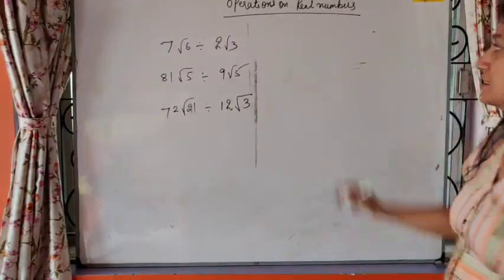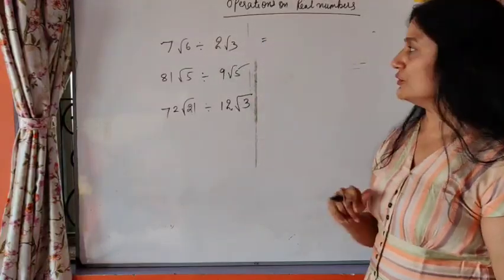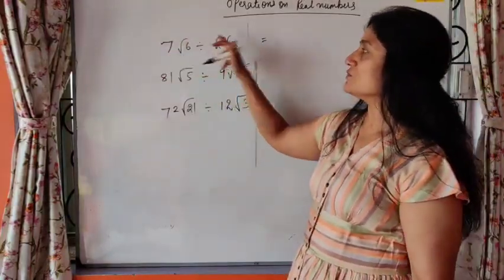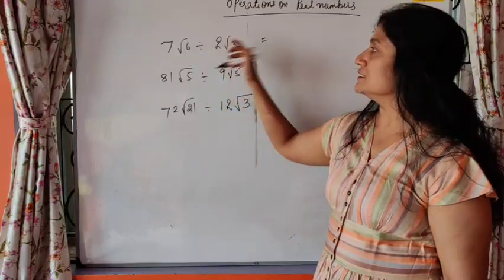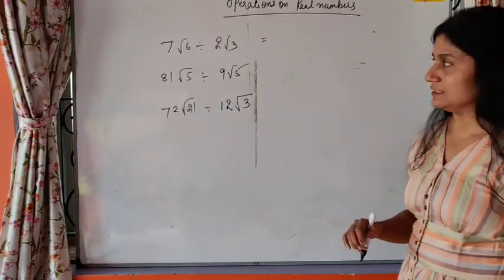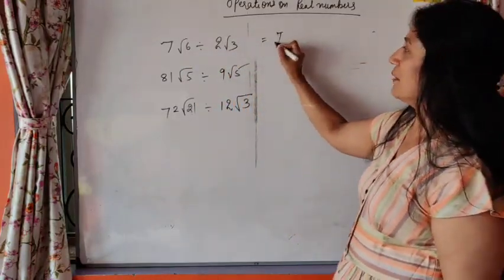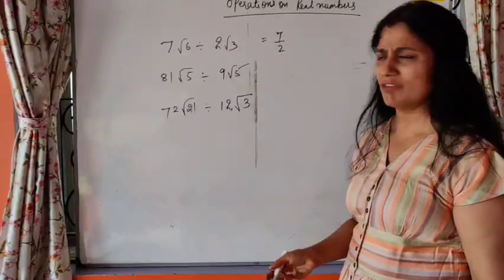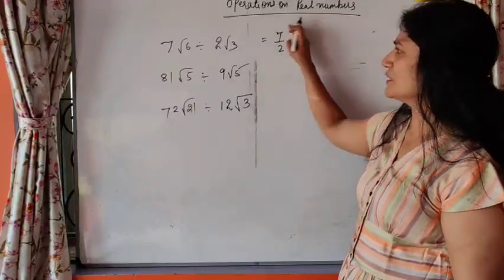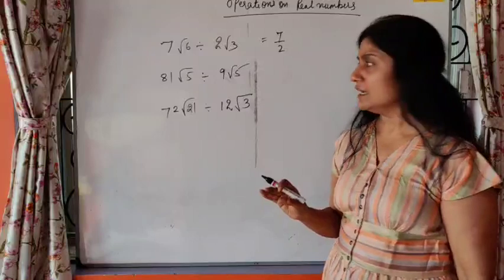What will be the answer? See, as I told you in multiplication, numbers will be divided by numbers and the surds will be divided by surds. So 7 by 2, need not convert into decimals. You can directly write down as 7 by 2.